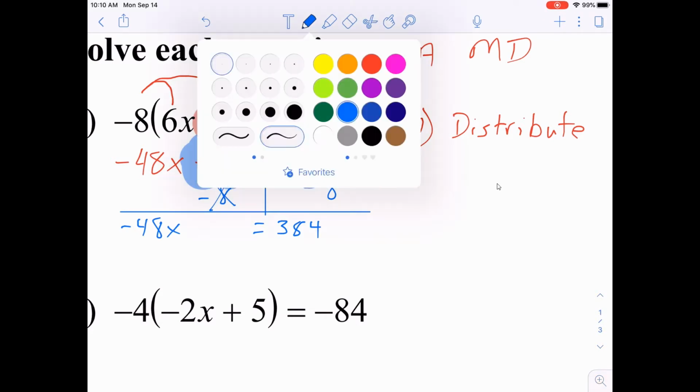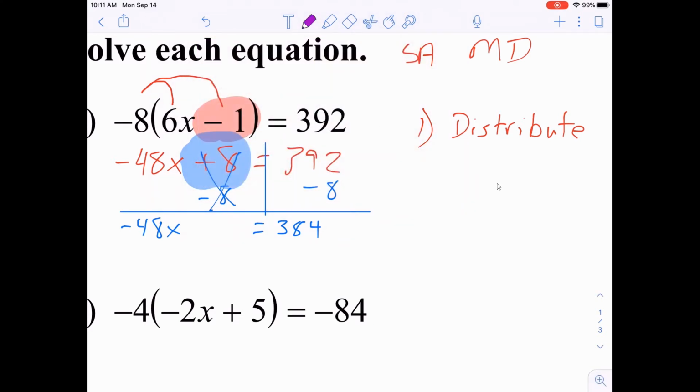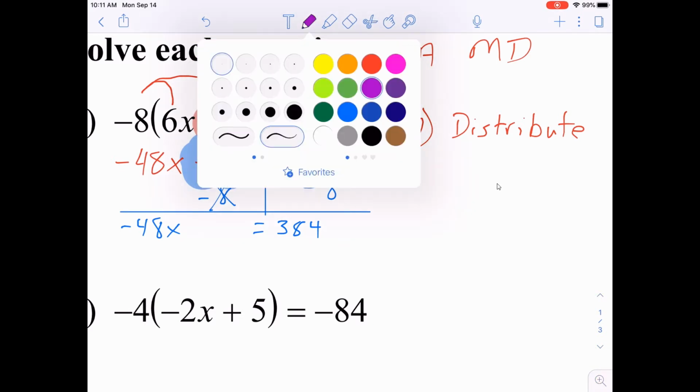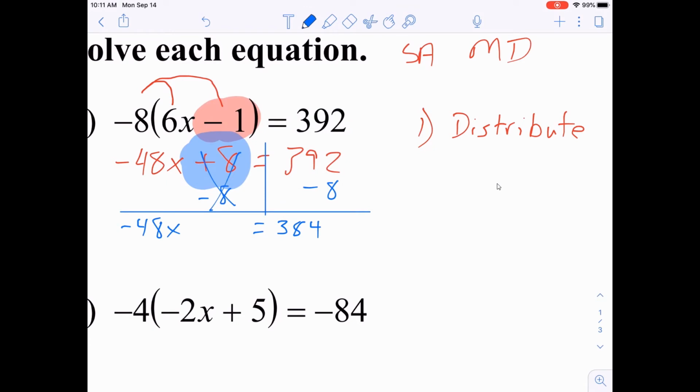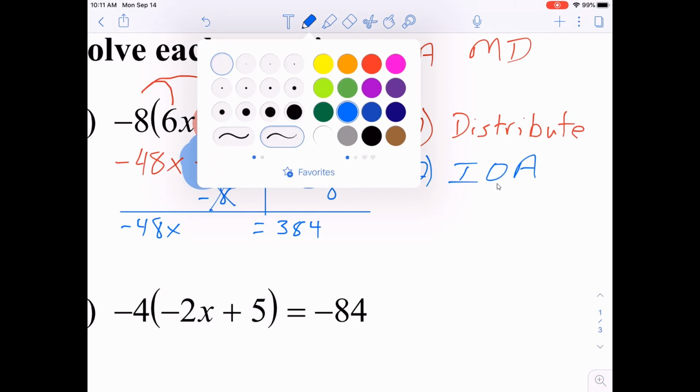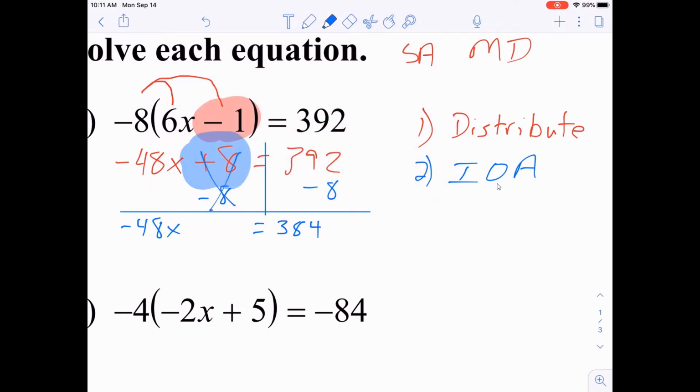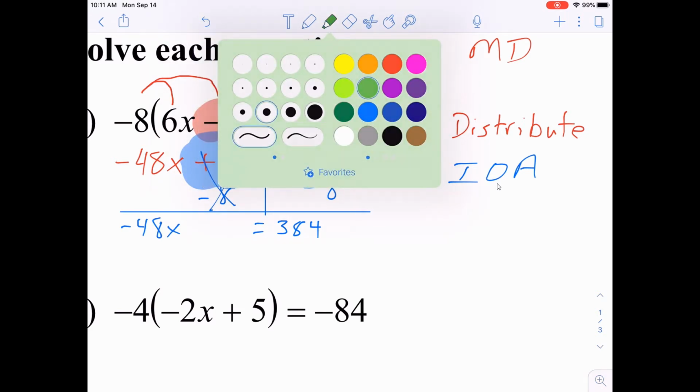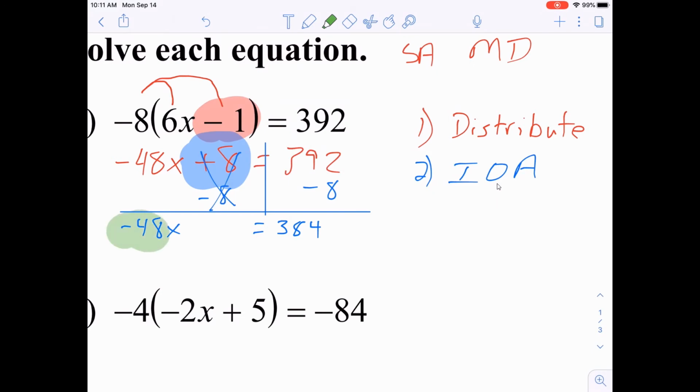Now my next step, so that step was called the inverse of addition. Now the next step is going to be to get rid of the negative 48.